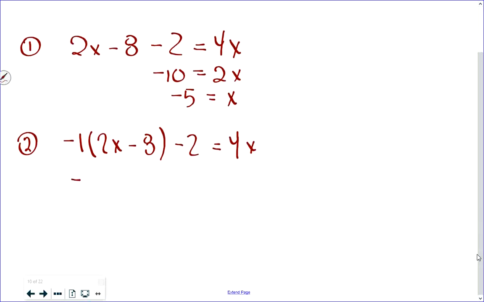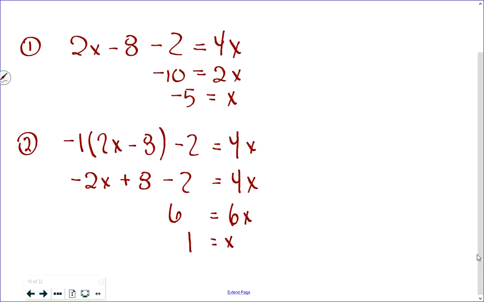I've got to multiply that negative 1 through. So negative 1 times the 2x is negative 2x. Negative 1 times the negative 8 is positive 8. I'm going to add 2x to both sides to collect my x's on the right side, and I end up with 6 equals 6x, which when I divide both sides by 6, I get x equals 1.